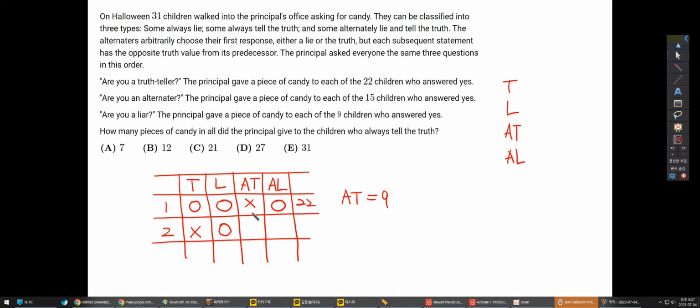So are you an alternator? Because they are lying, they will say no. And for alternating starting from lying, now it's time for them to say truth. So they will say yes, because they are telling the truth. And for this one is 15.